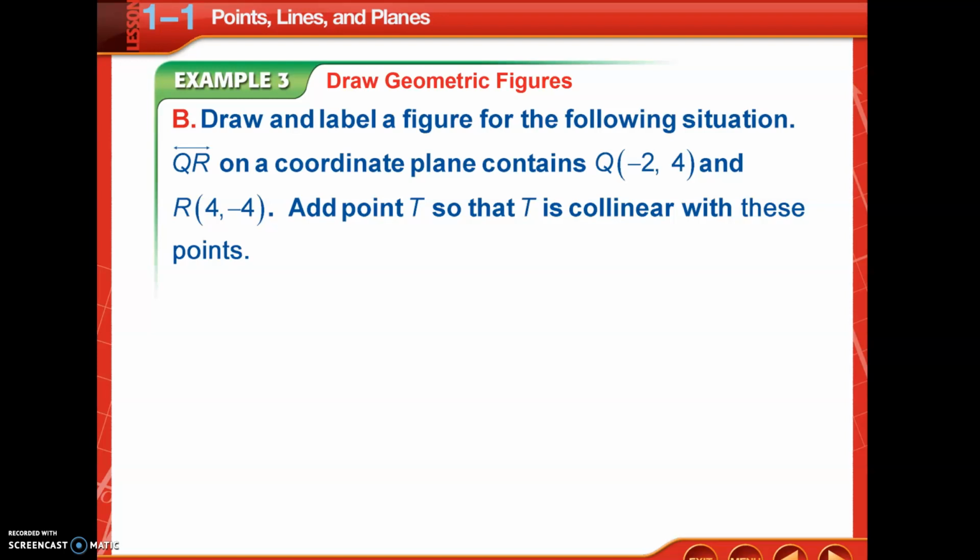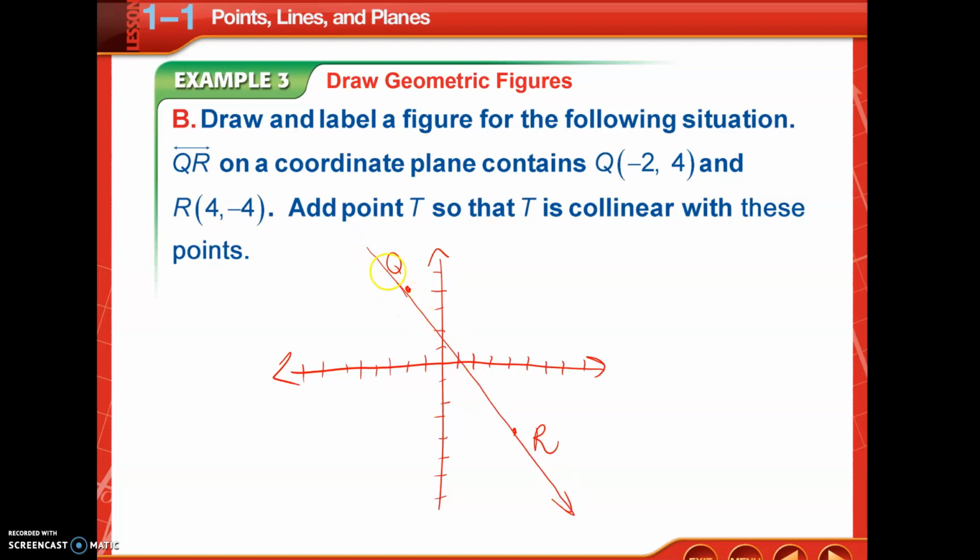We can also look at them on a coordinate plane, and that's here. We use the coordinate plane quite a bit in geometry because it's a good way to make sure we have straight lines and draw it exactly the way they want it. So Q is at -2, +4, so there's Q, and R is at +4, -4. And that's a line going through those 2 points.